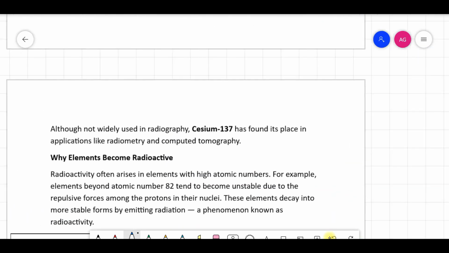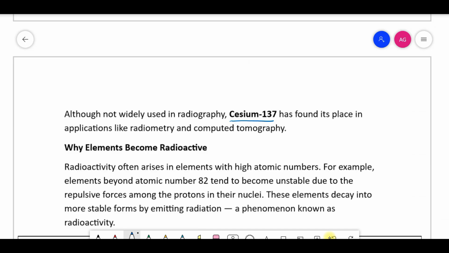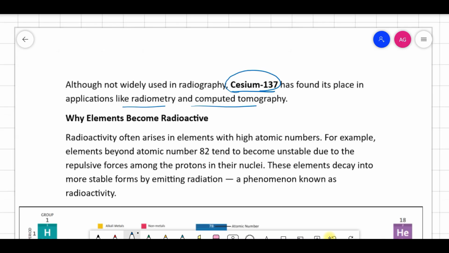Although not widely used in radiography, cesium-137 has found its place in applications like radiometry and computed tomography. So both these options are available to you. Cesium-137 can be used in computed tomography or radiometry.